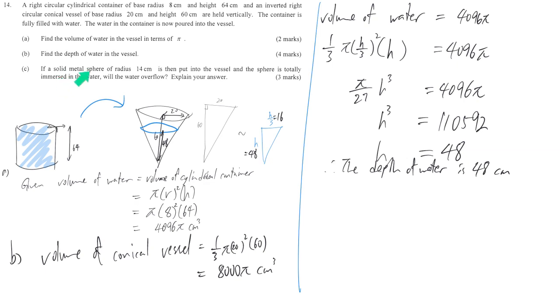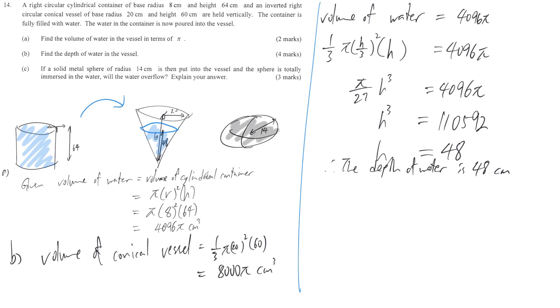They ask, if there is a metal sphere of radius 14, maybe it's like this, and then the radius is 14. Assume that it can be totally immersed in the water, will the water overflow? That means will the water together with the sphere overflow.